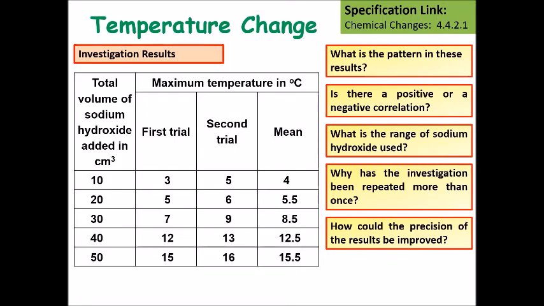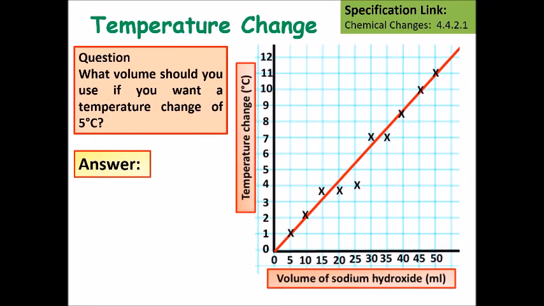How could we improve the precision? If we were improving the precision, you need to look at using something like a digital thermometer that measures the temperature change to a greater number of decimal places. If we put our results onto a graph, they might look something like this.